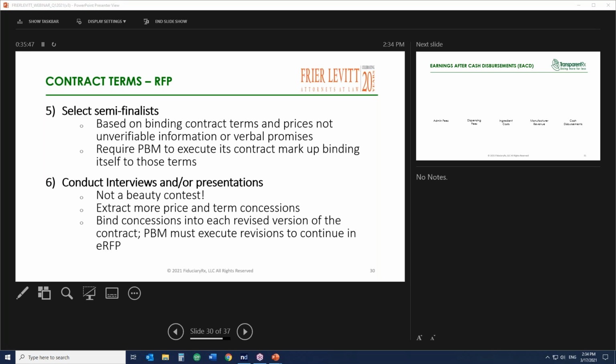It's not a beauty contest. Plan sponsors must be involved in all phases of the RFP, and they should not delegate decision-making to the consultant, broker, or the PBM in order to have a firm and solid RFP. So with that said, let me turn it over to Tyrone.